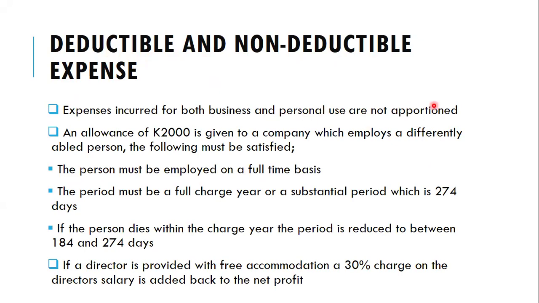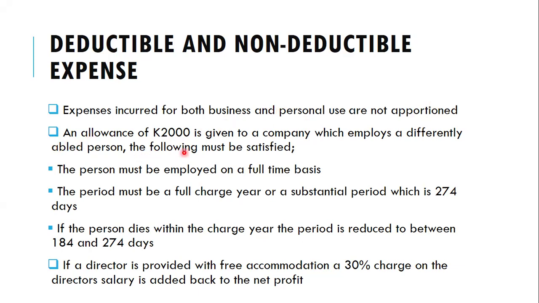If you remember, when a sole trader is using an asset for personal errands as well as business purposes, we restrict the capital allowance claimable to the amount of business use. But for a company, whether it's being used for personal errands or for business errands, the total amount of capital allowances is supposed to be deducted.